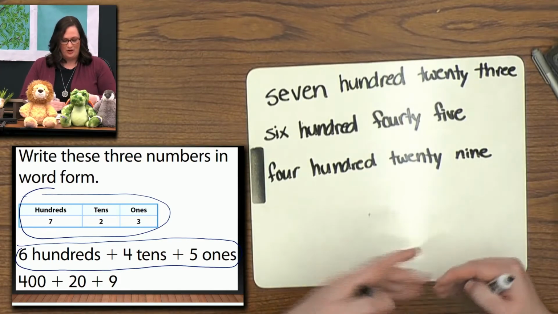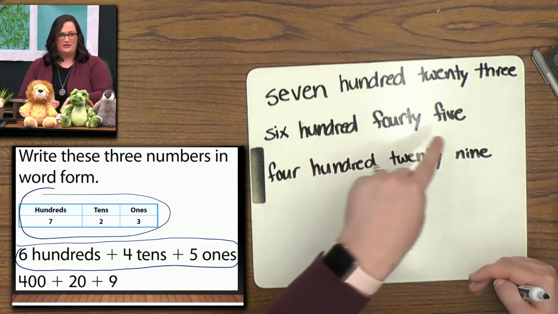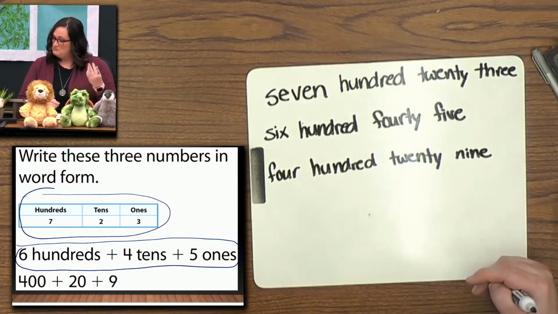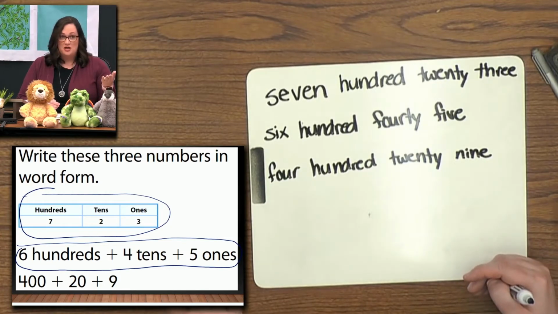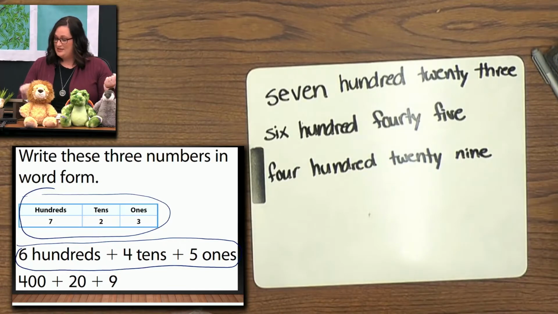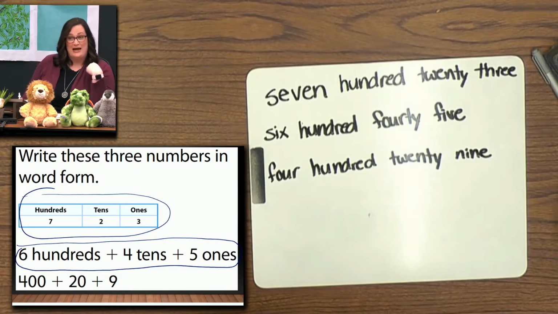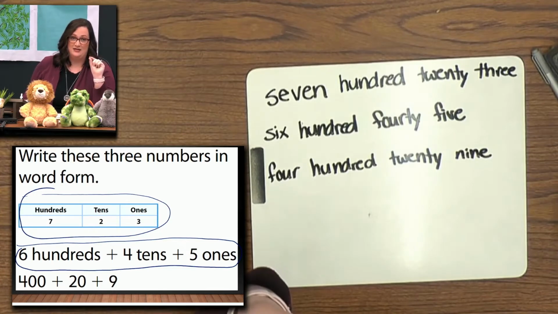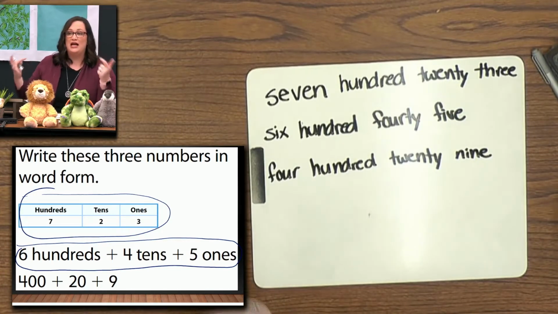Now the next number, 645. Is that what you got? Because we had 6 hundreds, 4 tens, and 5 ones. The last one for my brain was the easiest to write because it was the actual value.